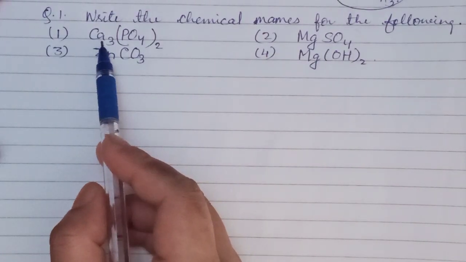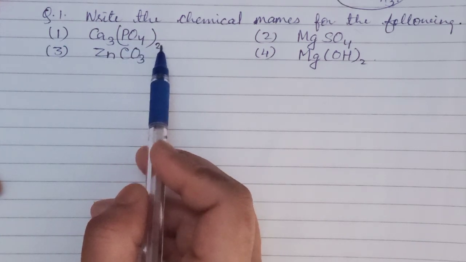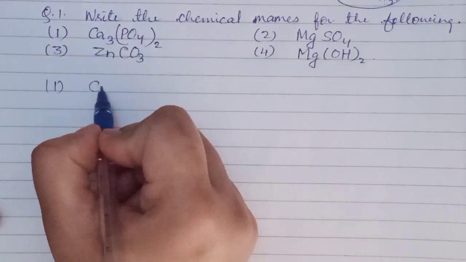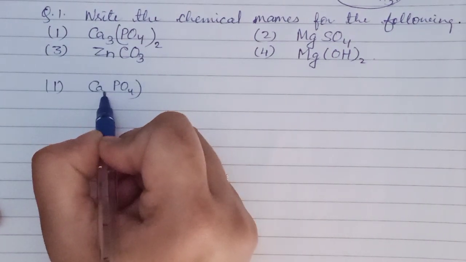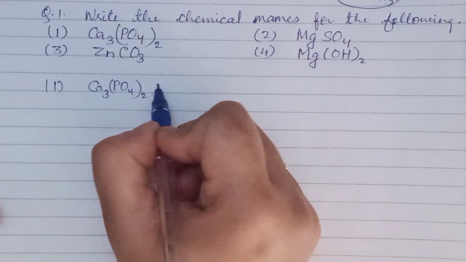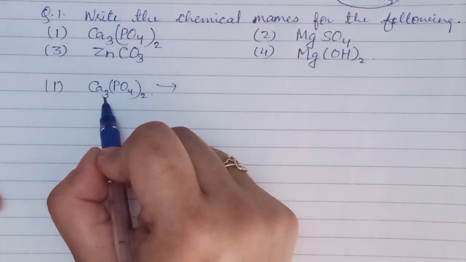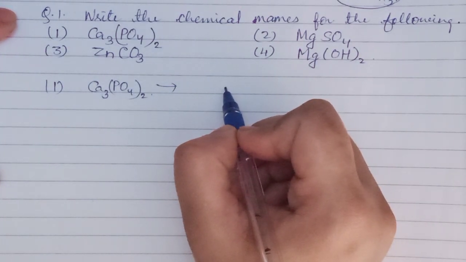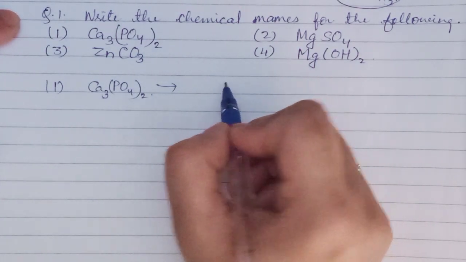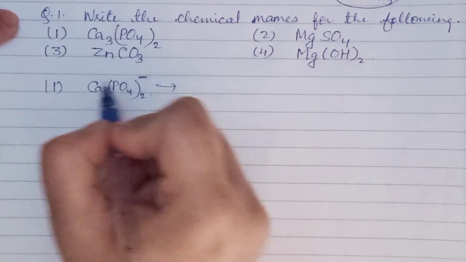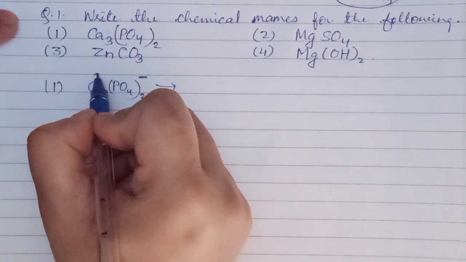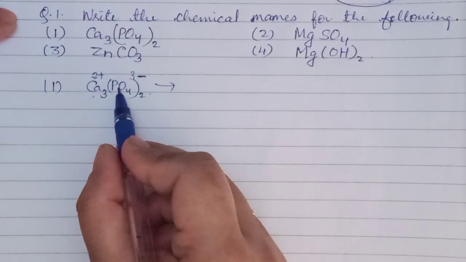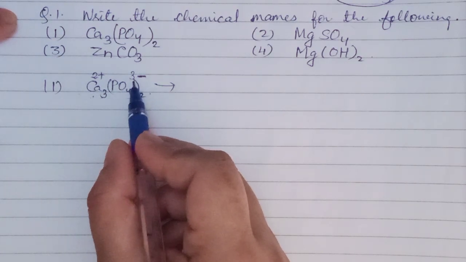See here, Ca3(PO4)2. Let's take this one as the first example. First thing you have to do, you have to find the acidic and basic radical. Acidic radical is minus and basic radical is plus. So here Ca is 2 plus and PO4 is 3 minus.